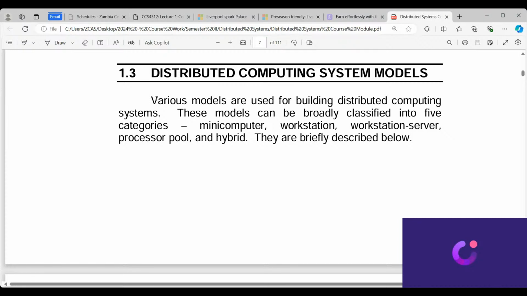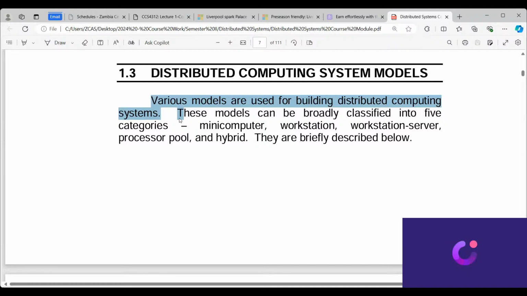It's important to understand that various models are used for building distributed computing systems. There are various models that have been derived to build distributed systems.